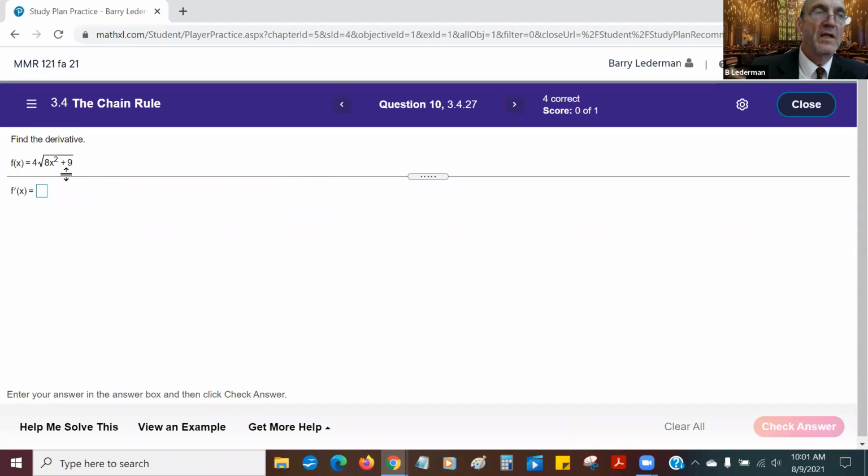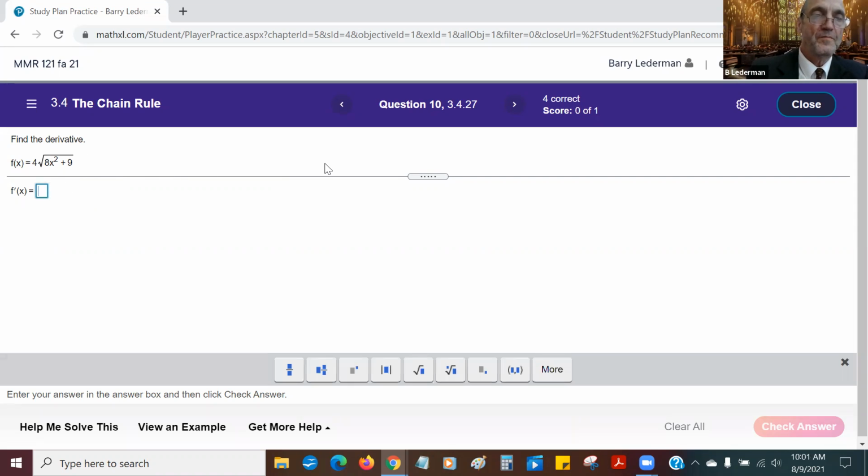Okay, now the inner function is that little polynomial. The outer function is the square root. Now, for a square root, that square root is really x squared plus 9 to the 1/2 power. Let me rewrite this here for you guys.